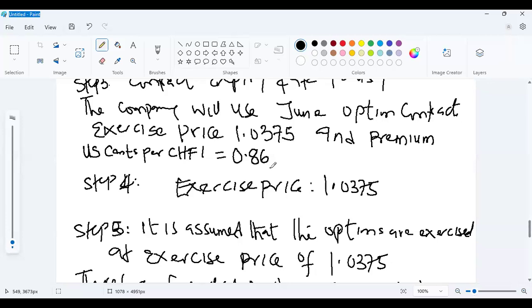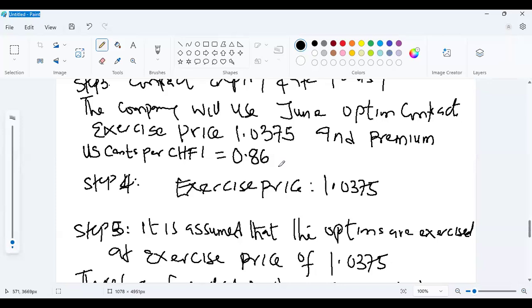This is given to you in cents, just like saying in kobo. If you now want to convert kobo to naira, you need to divide this by 100. Cents is an equivalent of Nigerian kobo. So what we have here is like saying I have 0.86 kobo. If I want to take it to naira, I need to divide it by 100. That means this 0.86, for me to multiply it, I'll first of all take it to naira.